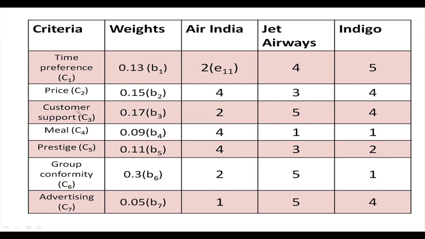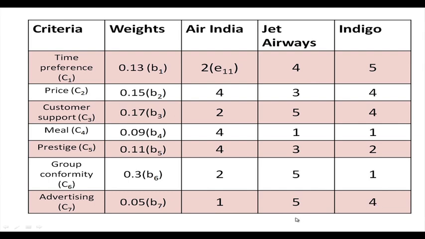Customer support wise, his opinion is that Jet and Indigo provide better customer care than Air India. Meal wise, Air India is a full service airline, so the meal is provided and it gets a better score. On Jet and Indigo you have to buy food on the craft, so they get a lesser score. Prestige 4, 3, 2, group conformity 2, 5, 1, advertising 1, 5, 4.